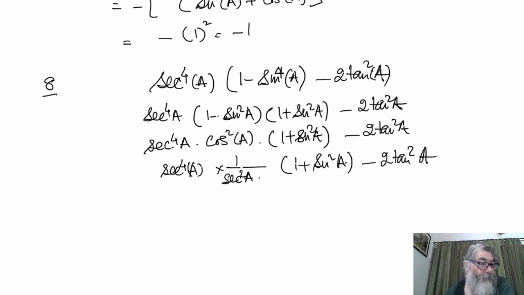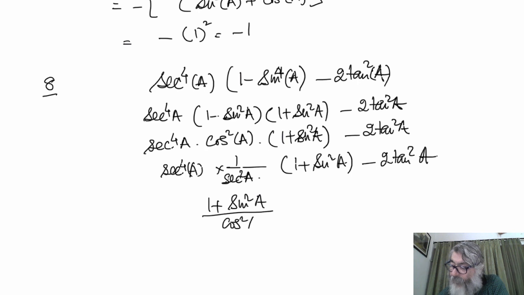Now what is going to happen is that I'll get 1 plus sine square a, and this will cancel sec square a, and you can bring sec square a down, it will become cos square a minus 2 tan square a.